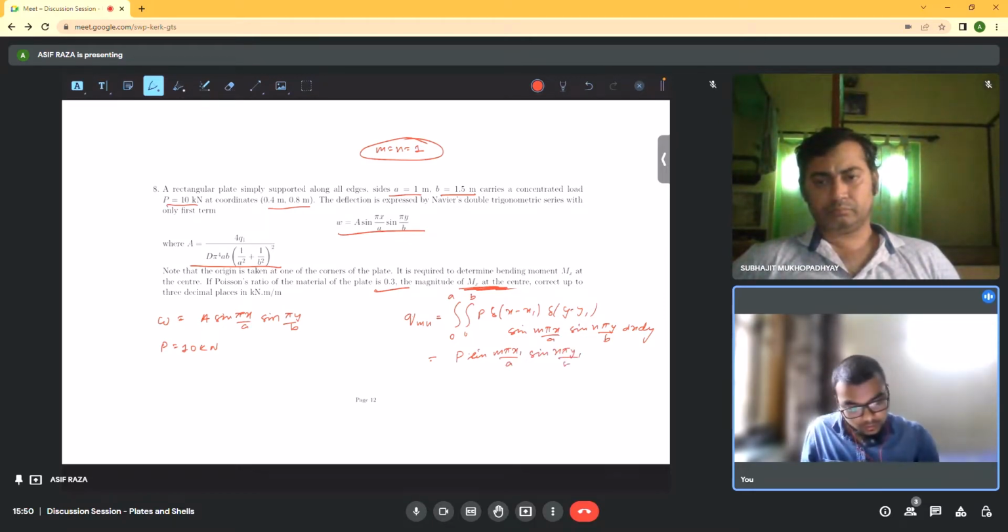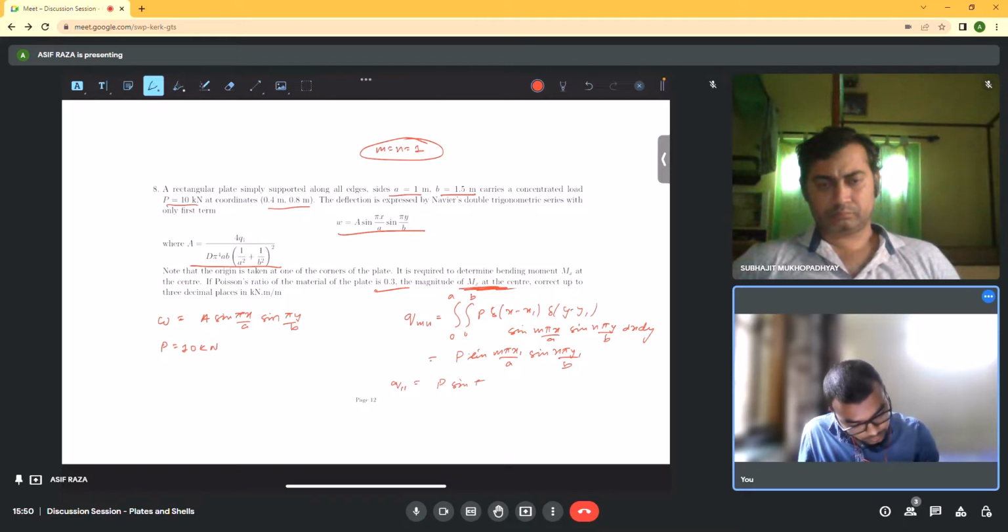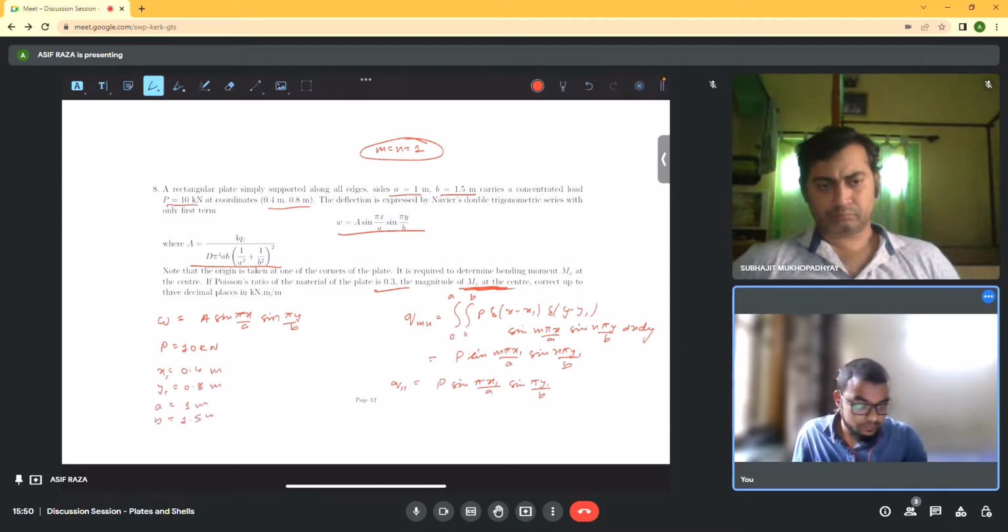As we are given m equal to n equal to 1, q11 is equal to P sin(pi x1 upon a) sin(pi y1 upon b), where x1 value is equal to 0.4, y1 is equal to 0.8 meter, a equals 1, b equals 1.5 meter.